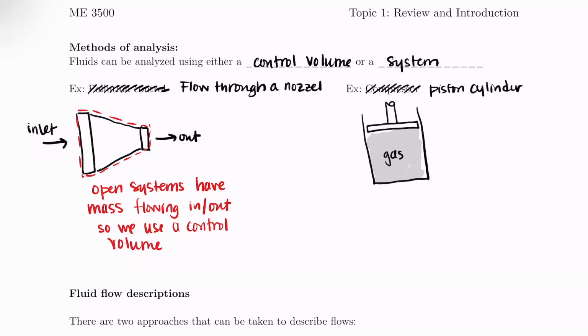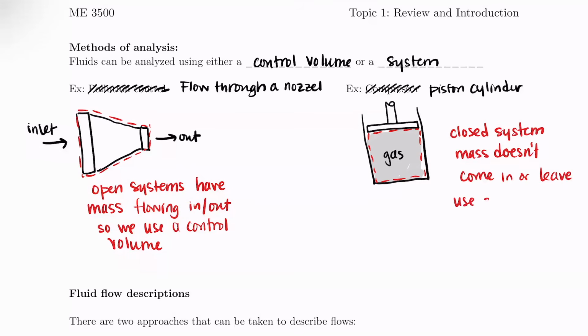If our system is the gas inside of this piston cylinder apparatus, is this an open or a closed system? It's closed, right? We have no mass leaving or coming in. So that's when we would use a system approach.